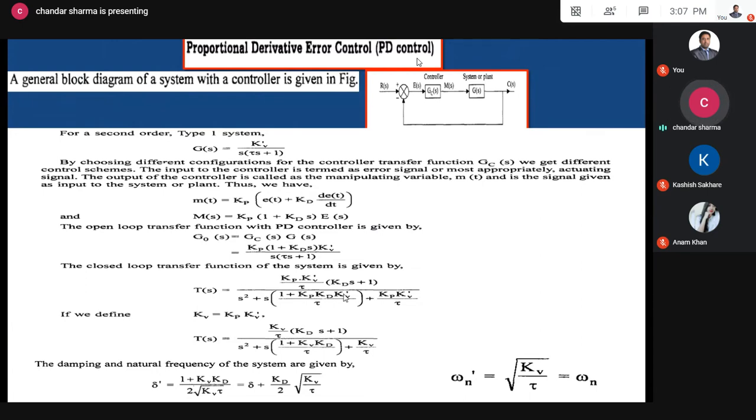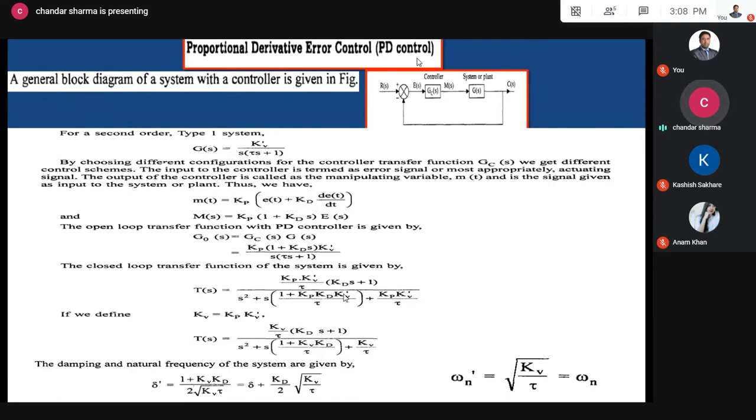Okay, so derivative control or rate control is used to improve the transient response of the system. That is, the value of damping ratio is increased due to this control. After introduction of derivative control, our damping ratio zeta becomes zeta dash and it is increased.